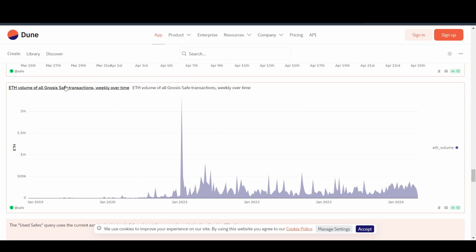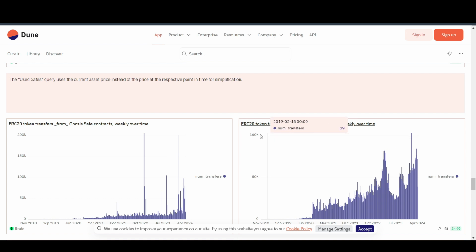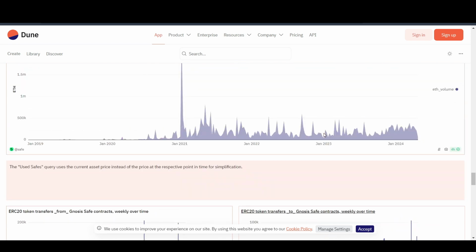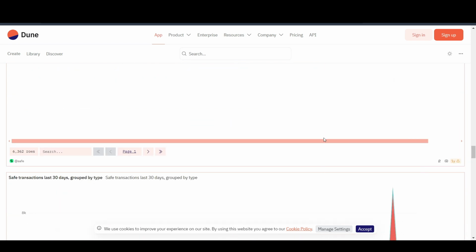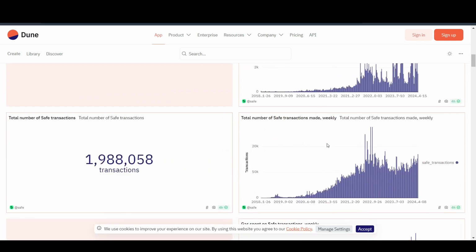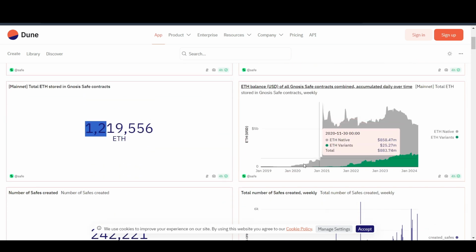So this is for the Genesis, and overall, as you can see, they have pretty good and pretty steady growth, and it's going up slowly. So I think that says a lot about it, and I think that could mean that their token will most likely have the same demand over time.